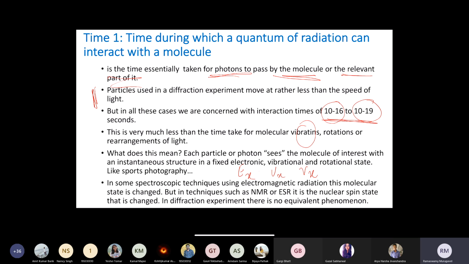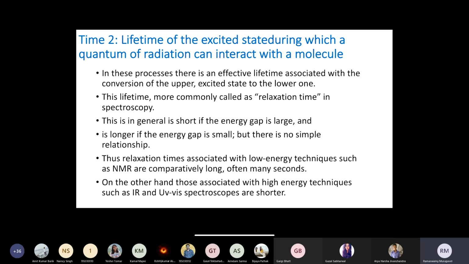That's about time one. Time two is the lifetime of the excited state, during which a quantum of radiation can interact with the molecule. In these processes, there is an effective lifetime associated with the conversion of the upper excited state into the lower state.